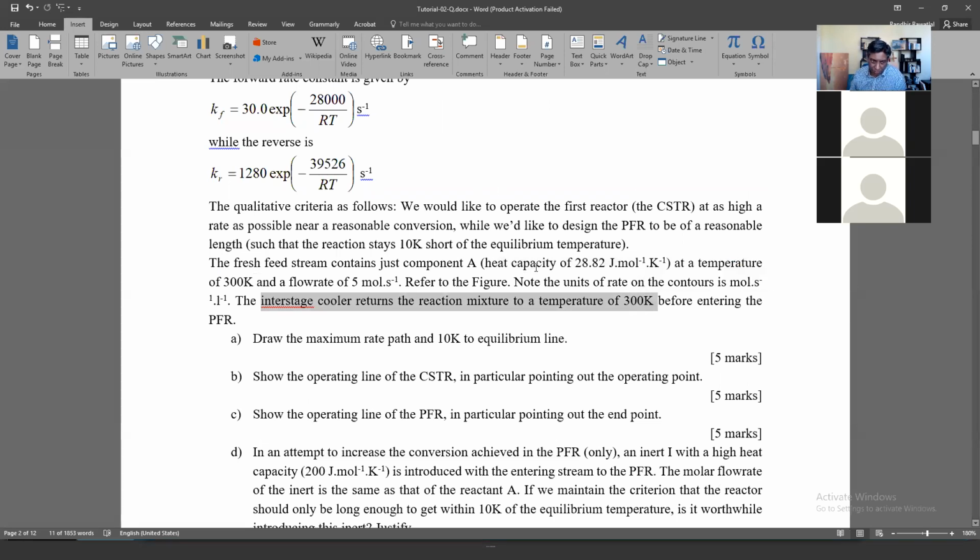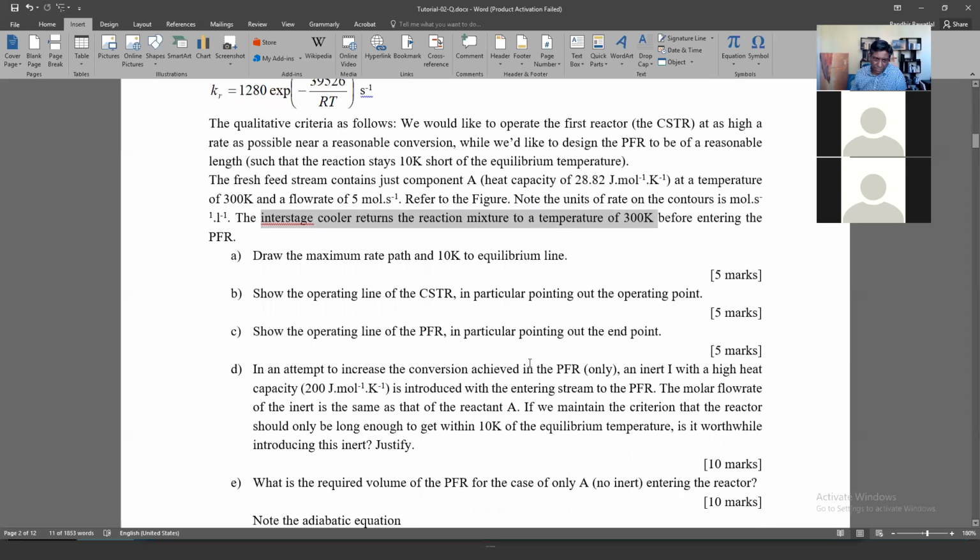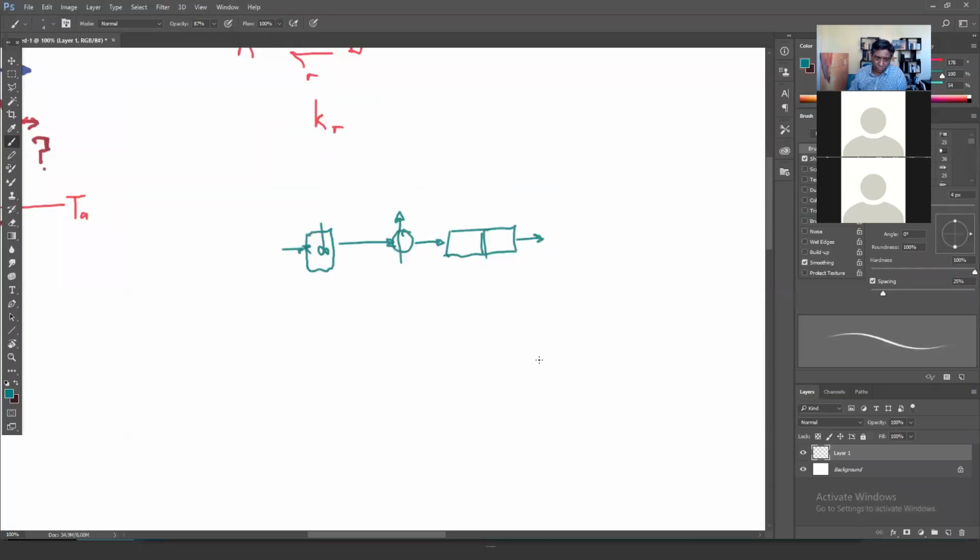And by the way, these paragraphs of text can be a little hard to keep track of. So it's always a good thing to put the information on your diagram. So it says it's coming back to 300 Kelvin. So this cooler does a good enough job that we come back to 300 Kelvin here. We know we were fed at 300 Kelvin here.